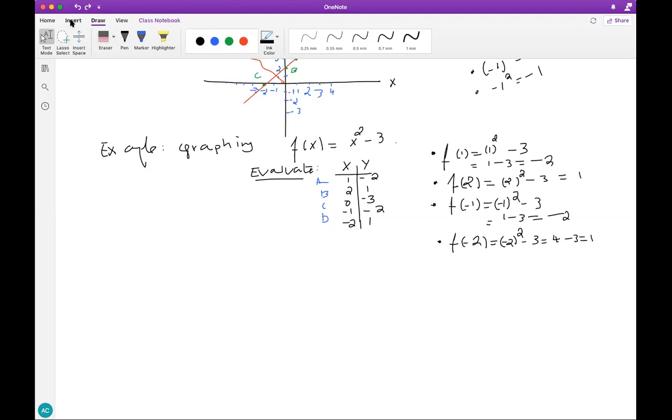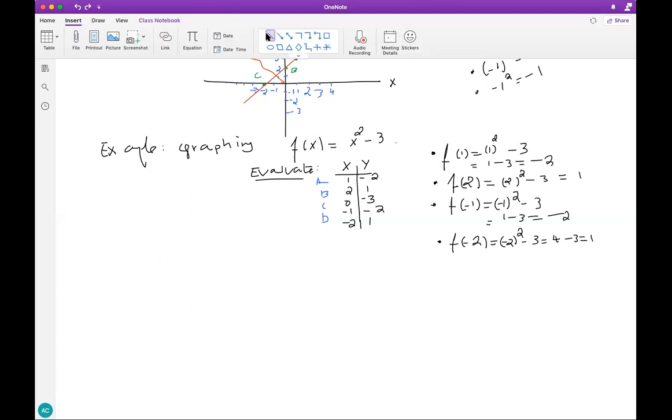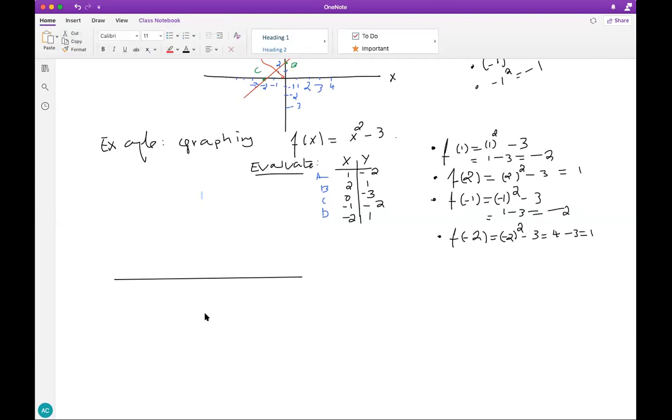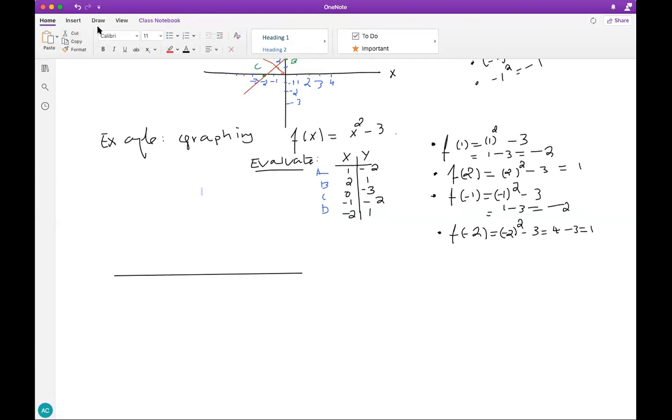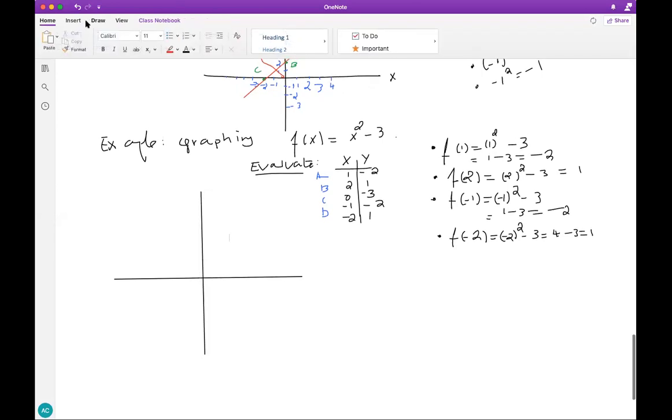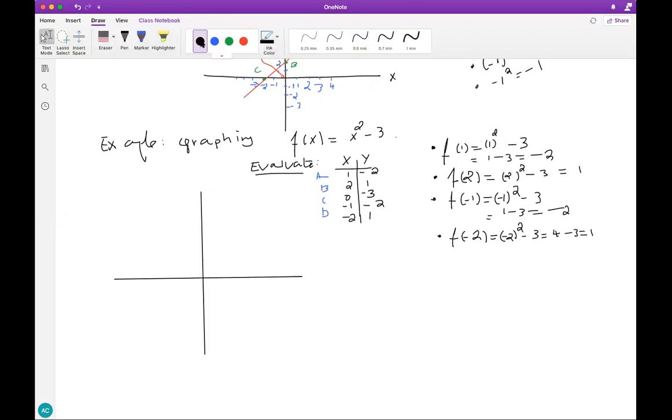I do have some tools here, so I could use them. So I'm going to make a graph like this. You can feel free to use your rulers or your graphing paper. Now I'm going to put some points here. As always, this is the x-axis, the y-axis.